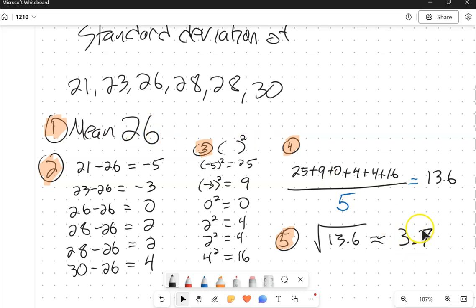If you get a standard deviation of 0, then all the numbers would be identical. They'd all be 26s. And then there's no deviation at all. If this is 21 and 26 and like 80, the 80 will make the spread much larger, and you would get a bigger number. The standard deviation is always 0 or positive. You'd never get a negative standard deviation.